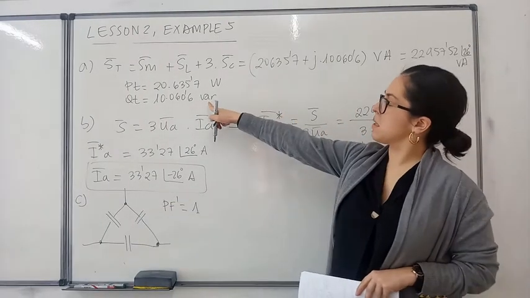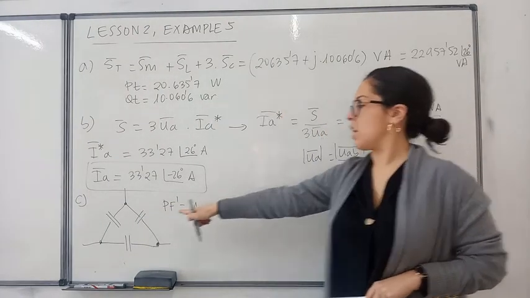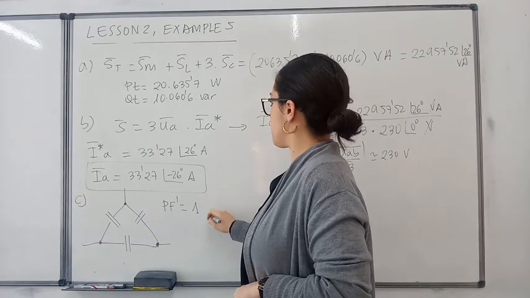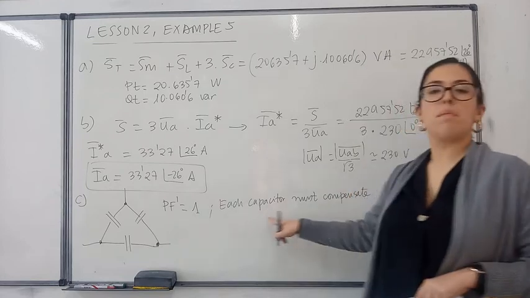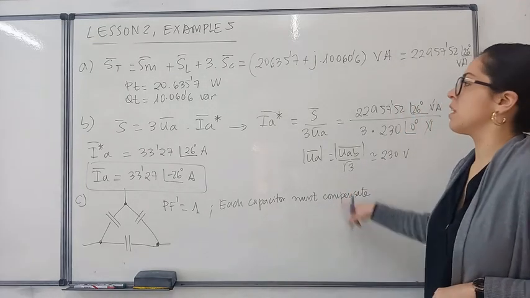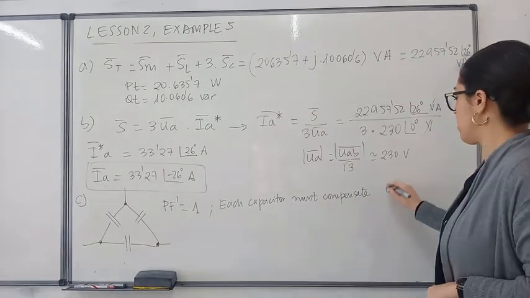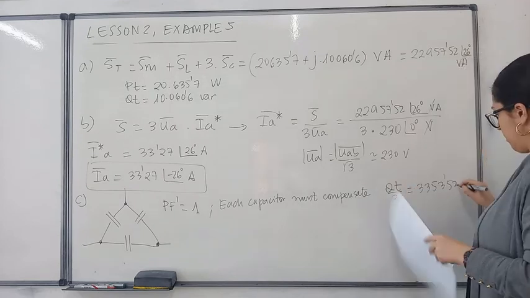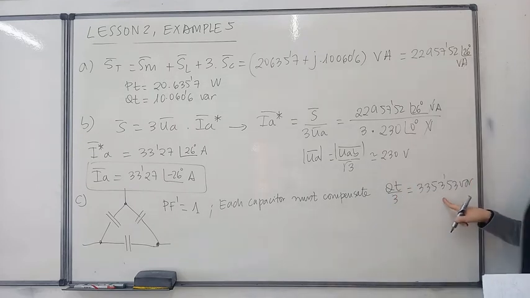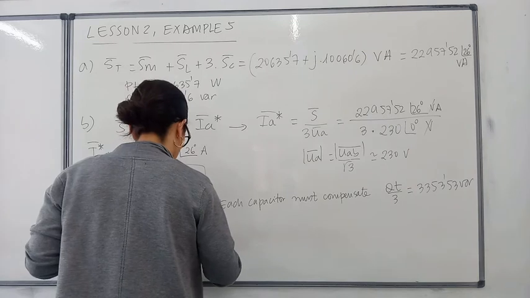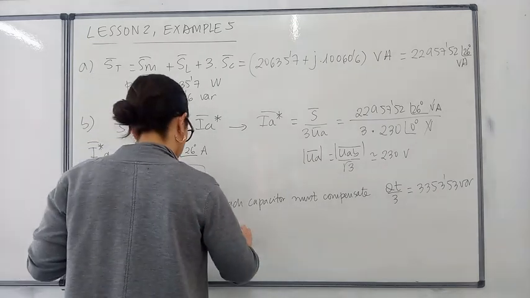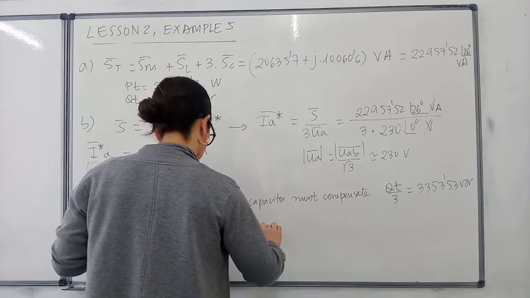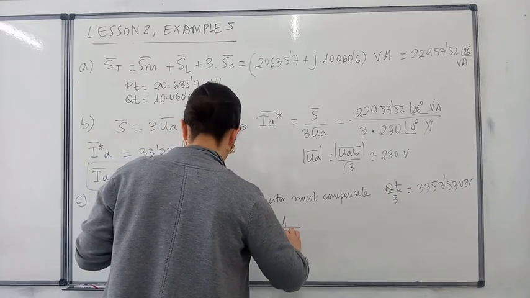As the total reactive power was this, each capacitor must compensate 1/3 of this total reactive power, which is this. The impedance of one capacitor is 1 divided by the angular velocity times the capacitance, at an angle of minus 90, which is the same as this.